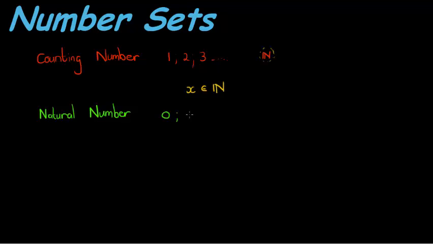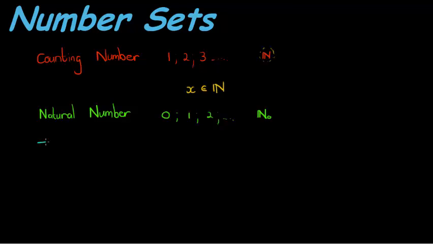So I have 0, 1, 2, etc. The natural numbers are the same as counting numbers. They're whole numbers. The only difference is we start at 0, and the symbol is exactly the same. It's also this little N with a funny double line in the beginning, but we have a little footnote, a 0 footnote, showing that we start at 0.